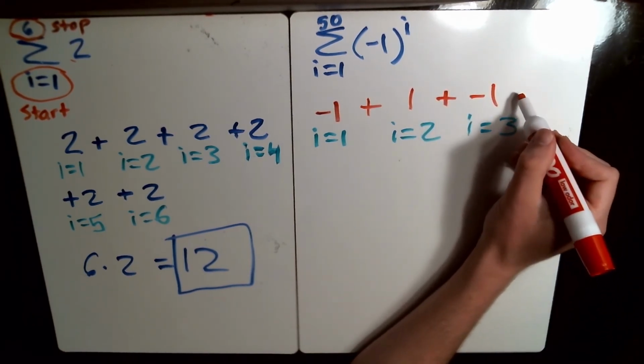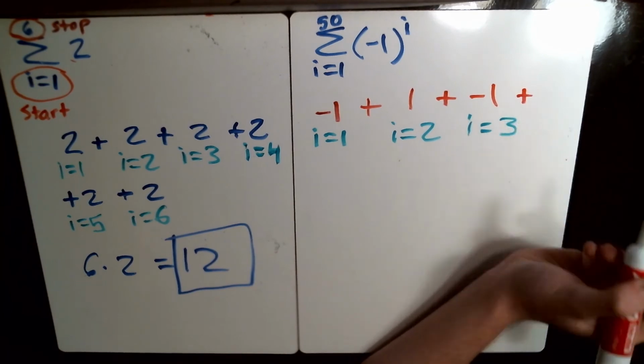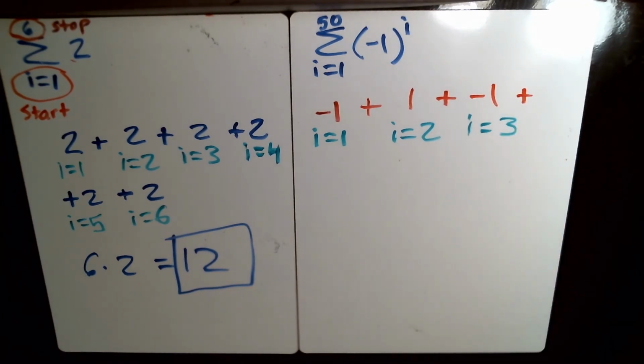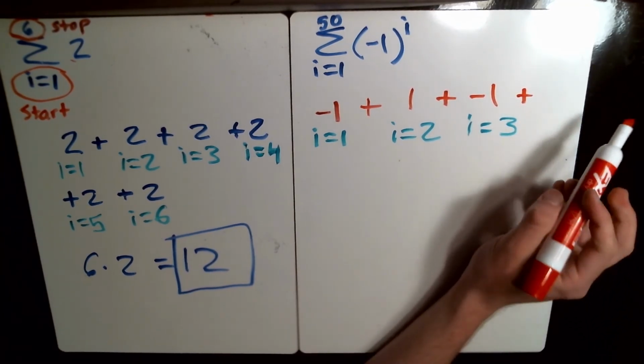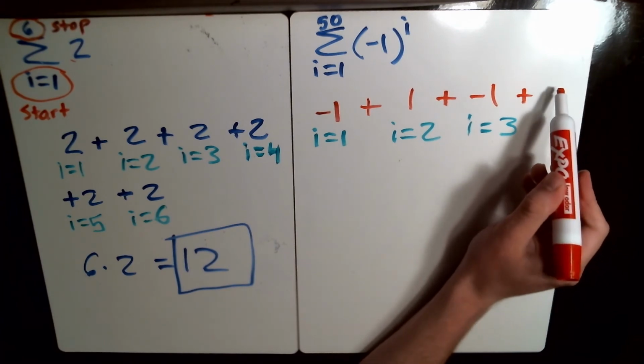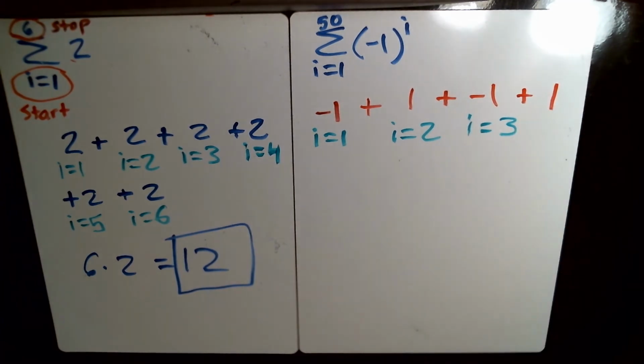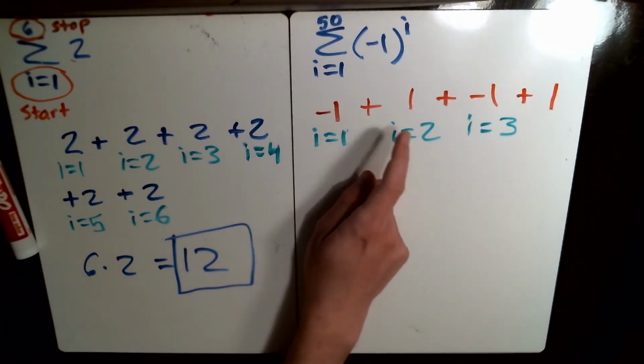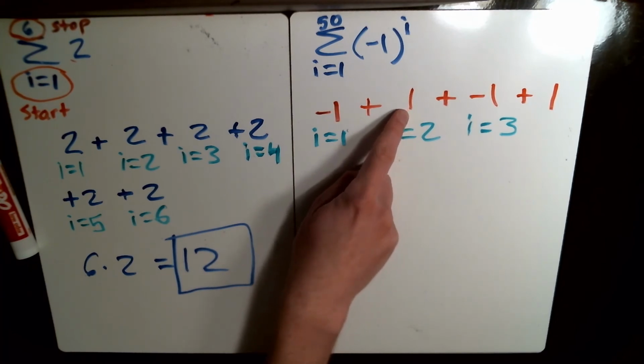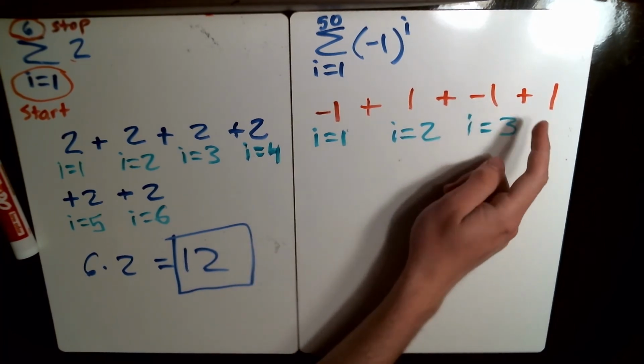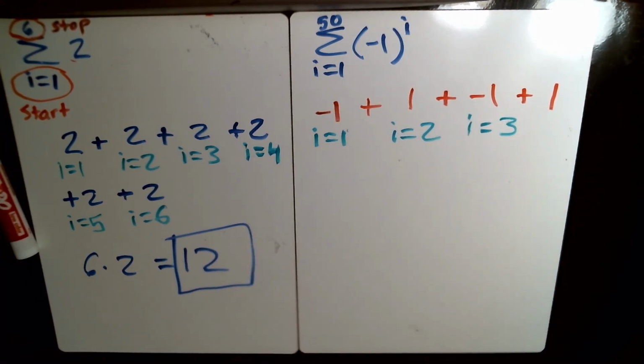And then plus. Now, what do you think will come next? When we plug in I equals 4, we get +1, right? So notice what's happening here is I'm starting with a -1, and then I'm adding +1, adding -1, adding +1.